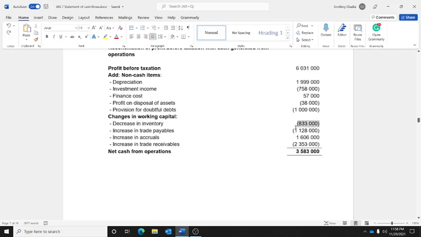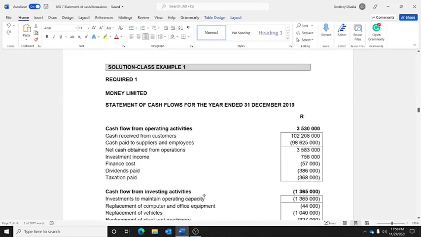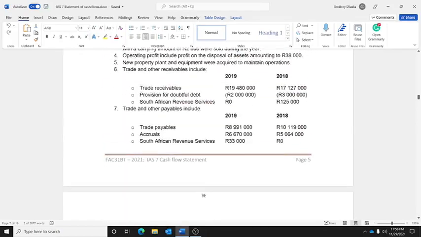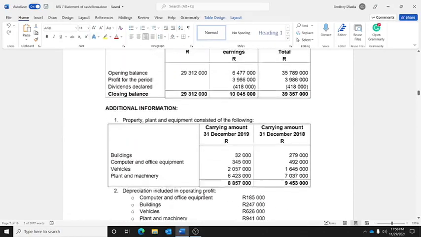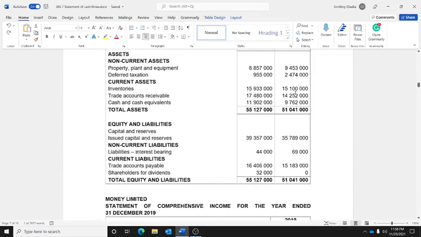Right. Then we say, okay, inventory, what did we say in inventory? Inventory, that was an outflow. Is it an outflow? No. Let's check so that we become satisfied. Inventory, our opening is 15, which goes to the debit side.